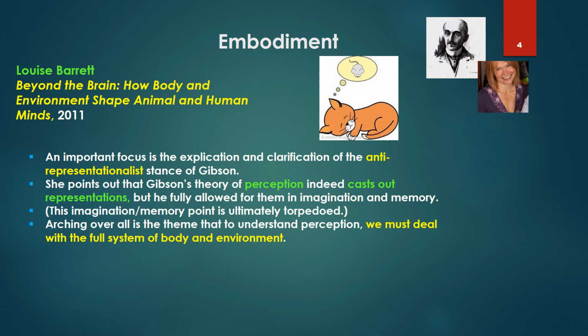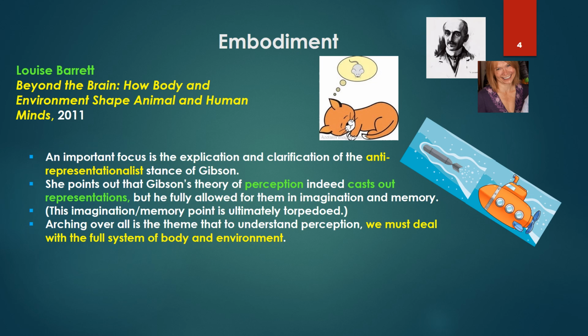And we've noted this before. But he fully allowed for them in imagination and memory. The difficulty, as we'll see, is that down the road in her book, she torpedoes this imagination and memory point and representations. It's quickly done away with.